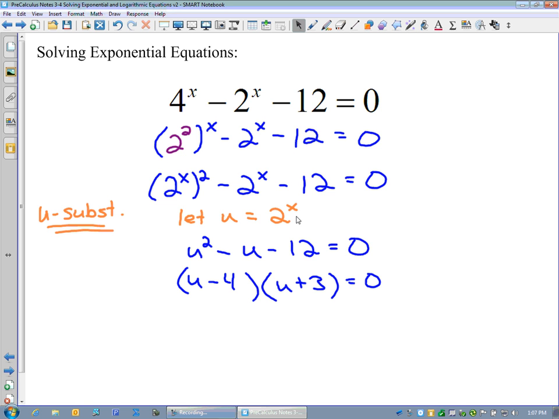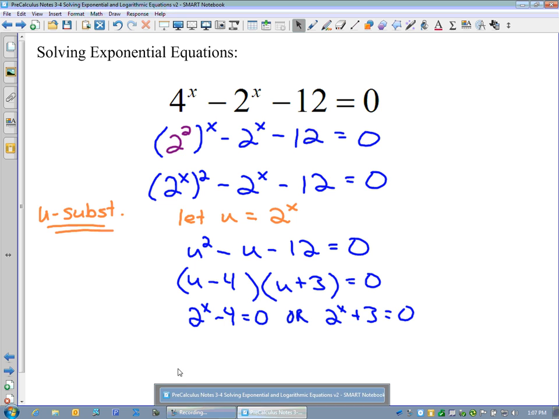Since u was 2 to the x, this becomes 2 to the x minus 4, and that I'm going to set equal to 0. That way, solving this equation will give me the value of x that causes the factor to be 0. And don't forget that we have two factors here. So since u is 2 to the x, it's going to be 2 to the x plus 3 equals 0. So now I have two equations that I can now solve.